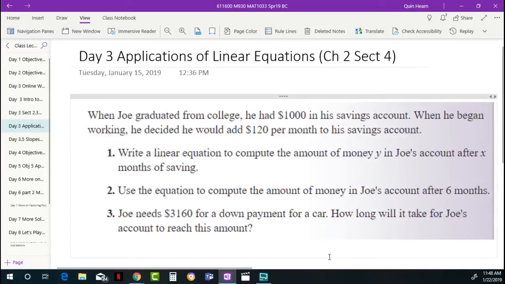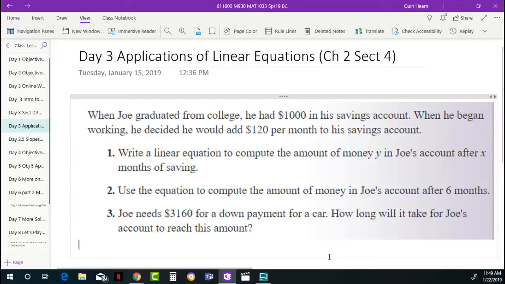Okay, so we can also do applications with linear equations. It says when Joe graduated from college, he had $1,000 in his savings account. When he began working, he decided he would add $120 per month to his savings account.